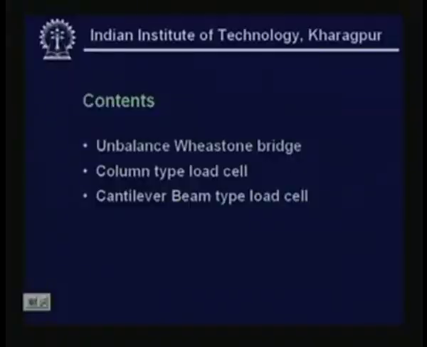Sometimes some people call it the uniaxial link type load cell, and some people call it column type load cell. It looks like a column, that is the reason it is more appropriate to call it a column type load cell. Then we will cover the cantilever beam type load cell, because it is basically a cantilever on which the sensors are used. That is the reason it is called cantilever beam type load cell.